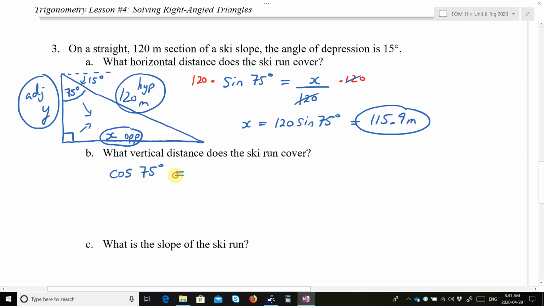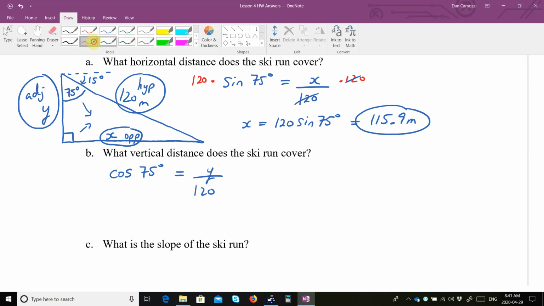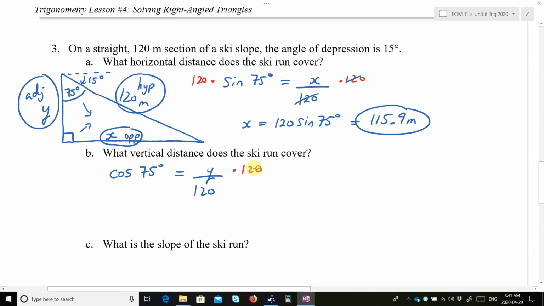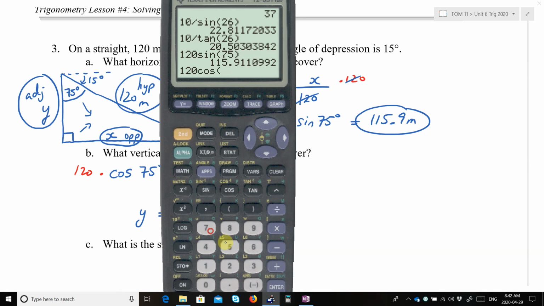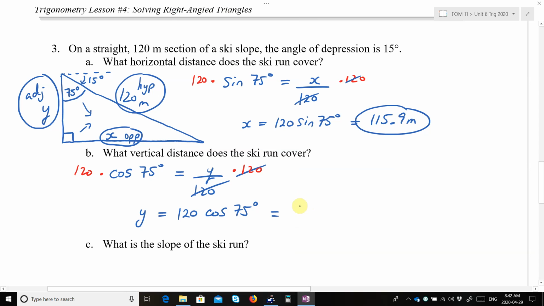So cos 75 degrees equals, the adjacent is y, the hypotenuse is 120, and then multiply both sides by 120 to get y by itself. Y is equal to 120 times cos 75, which is 31.1.